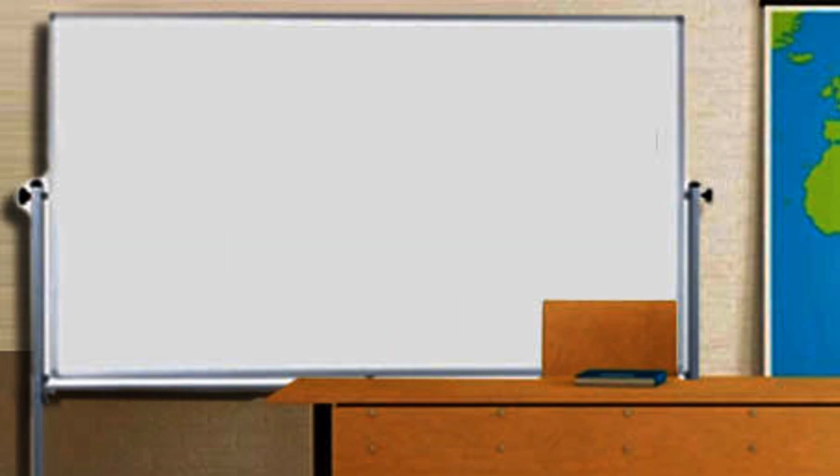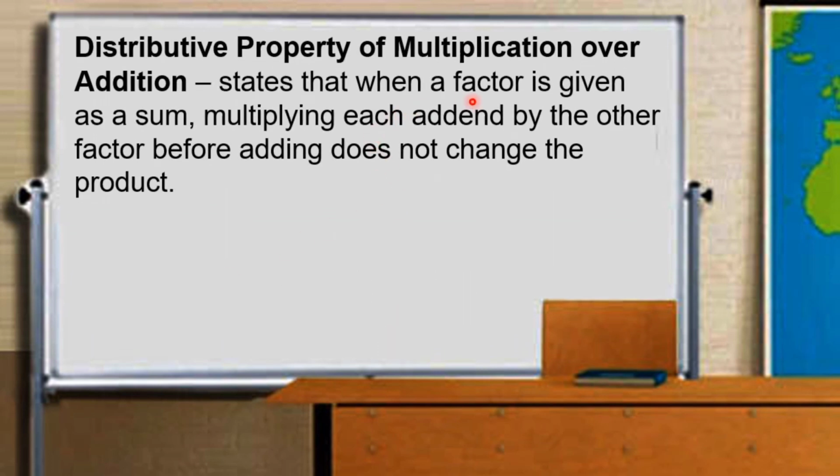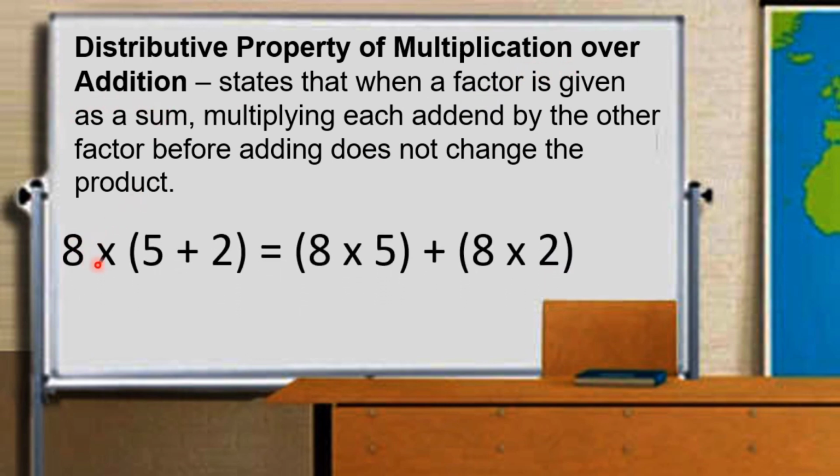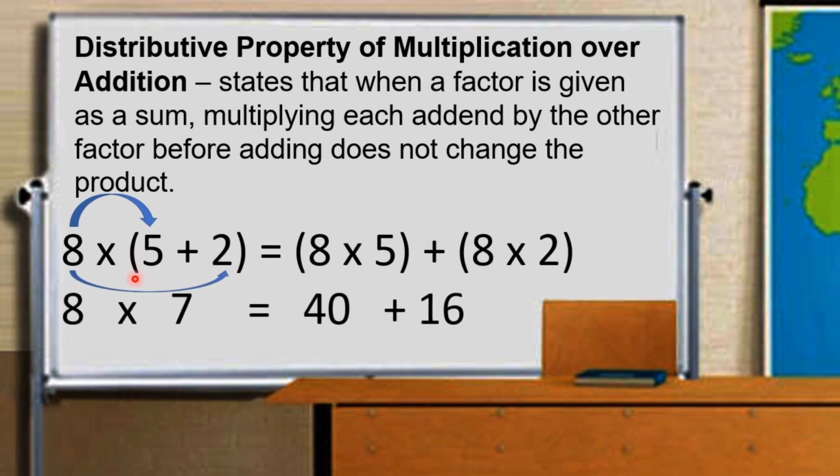Let's have another example of distributive property of multiplication over addition. So, our given is 8 times, open and close parenthesis, 5 plus 2 equals, so let us distribute, 8 times 5, ito siya, plus 8 times 2. So, let us solve.